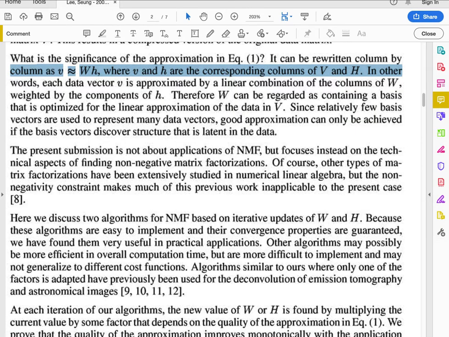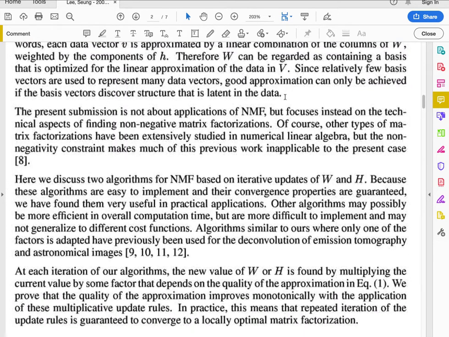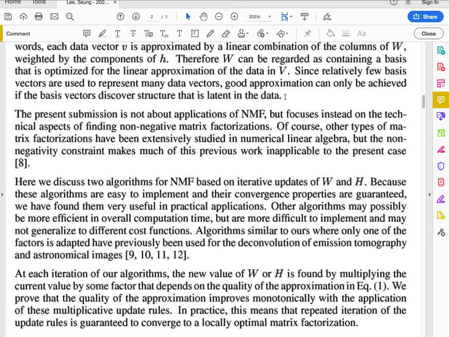So W is the basis or the dictionary containing the basic building blocks of whatever data you want to construct. Since relatively few basis vectors are used to represent many data vectors, good approximation can only be achieved if the basis vectors discover structure that is latent in the data. Okay, this is very important. So what kind of basis do you want?